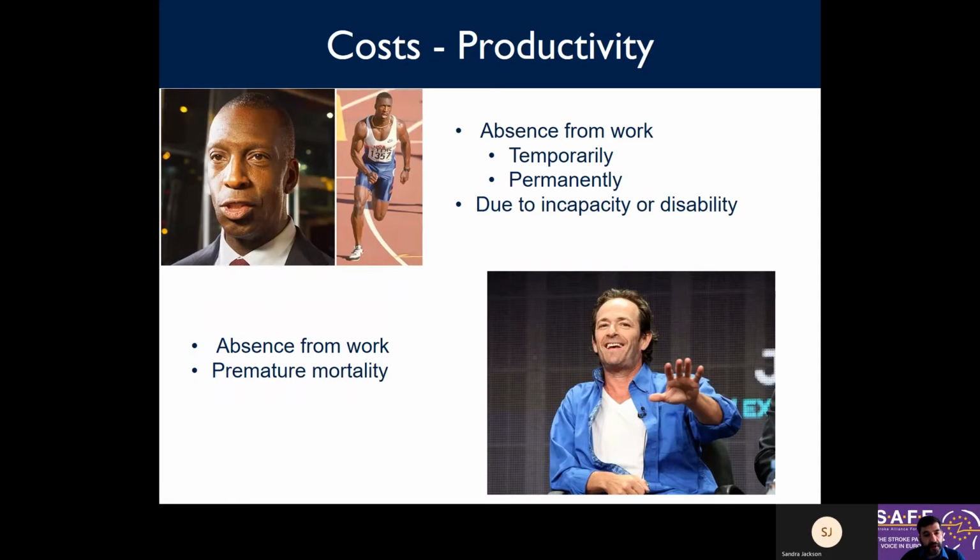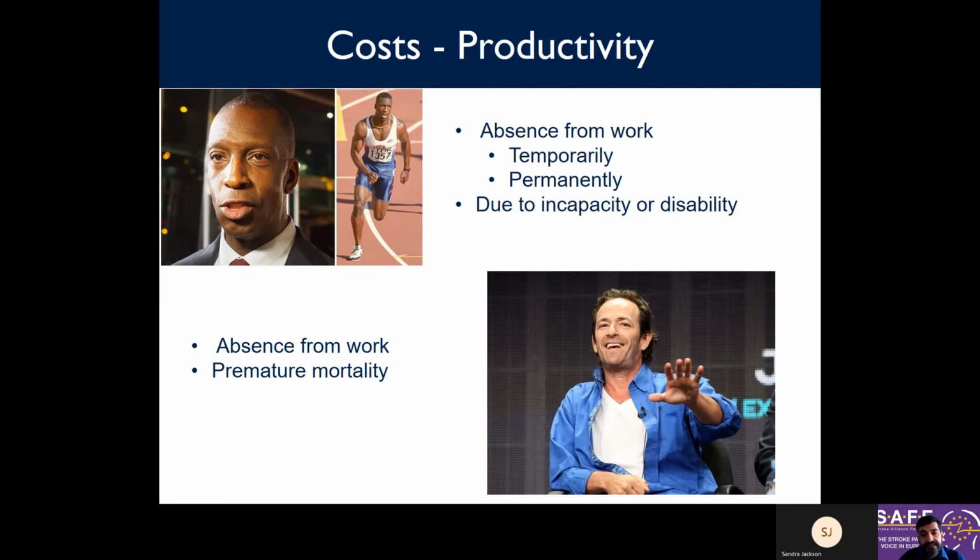Then again, a cost where no money changes hands, but it is an opportunity cost: the cost of productivity. And this could be because of absence from work due to temporary or permanent incapacity or disability. So, for example, a patient that has a stroke might need a week or two while they recover from their stroke.